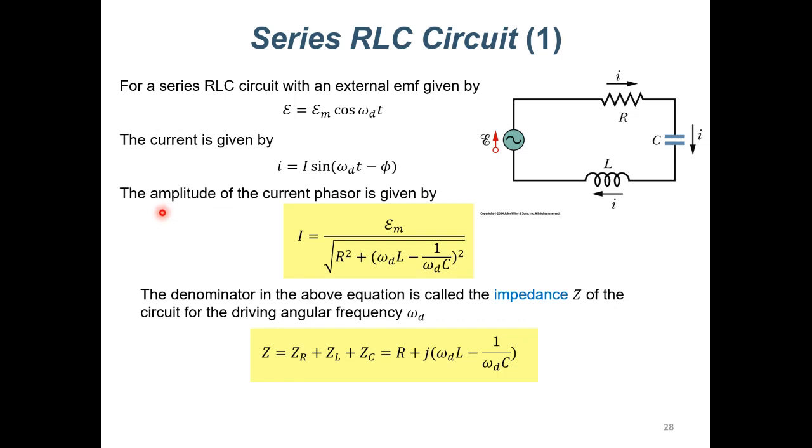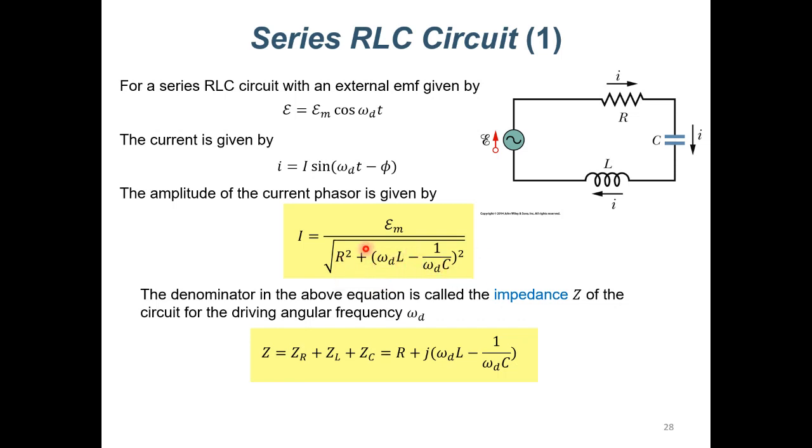In this case, the amplitude of the current phasor is given by E_m, the voltage phasor, divided by this expression.